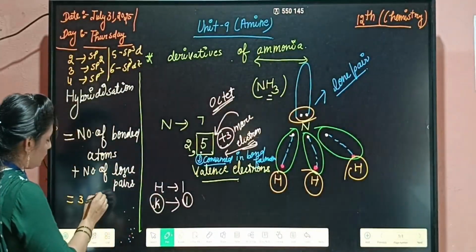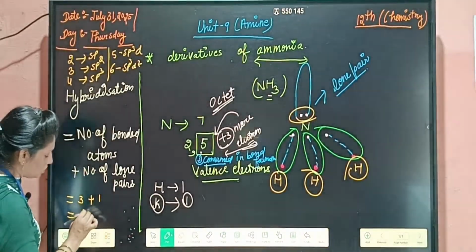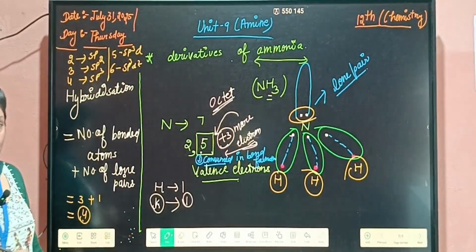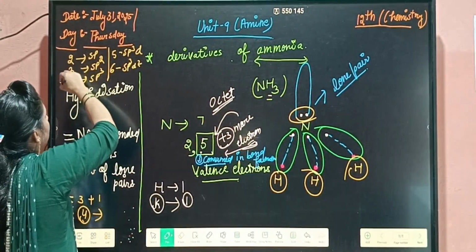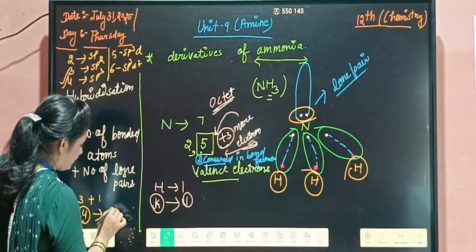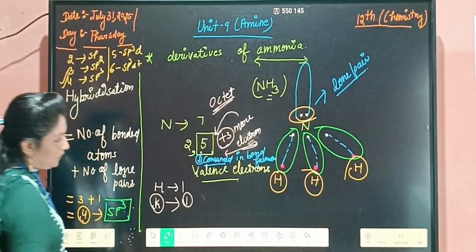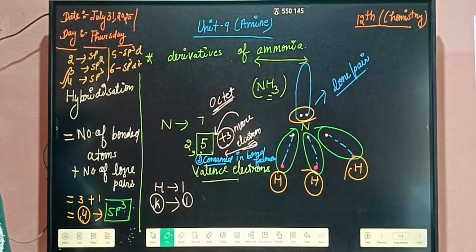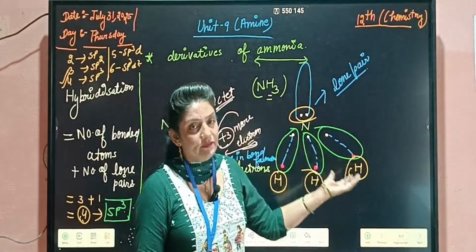So only one lone pair is here, and the sum is 4. If the sum is 4, what will be the hybridization? sp3. In the case of ammonia, hybridization is sp3.